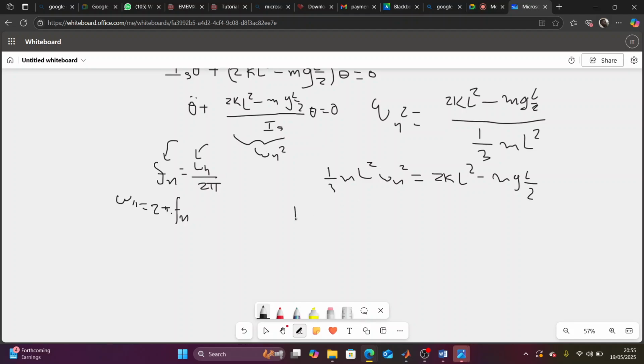So you will have 1 over 3 mL squared Wn squared plus mgL over 2 to be equal to 2kL squared. Let me try to write it properly this time.